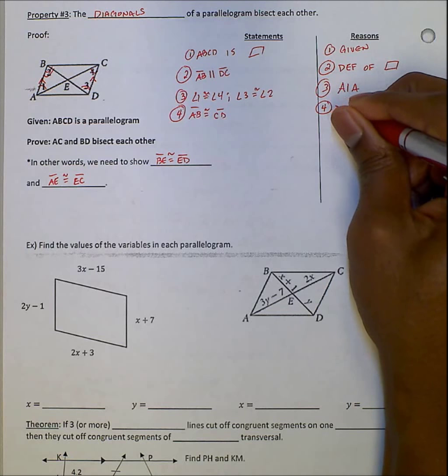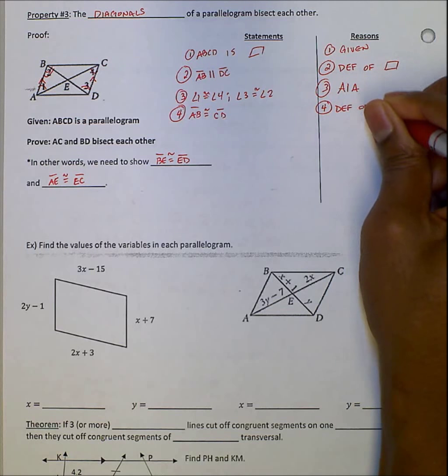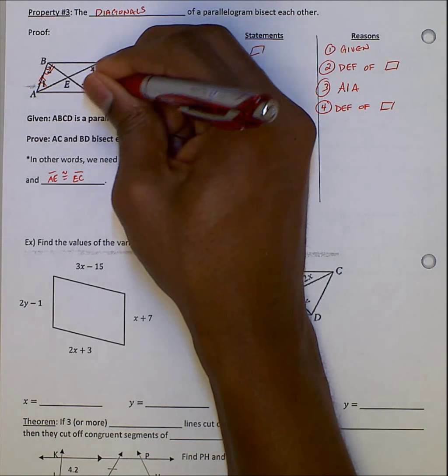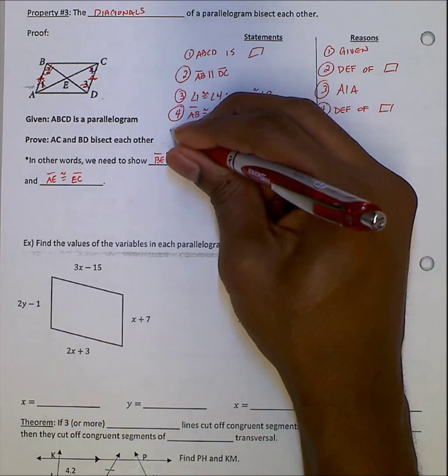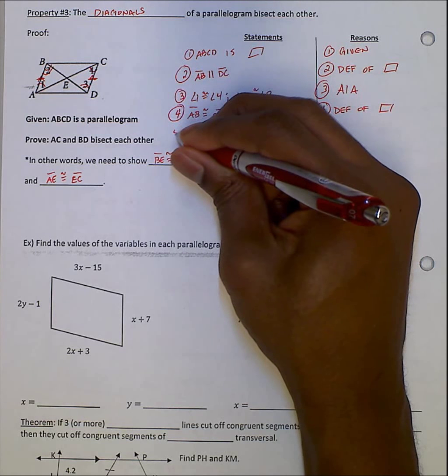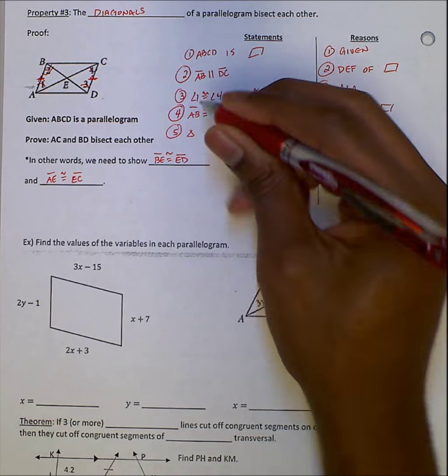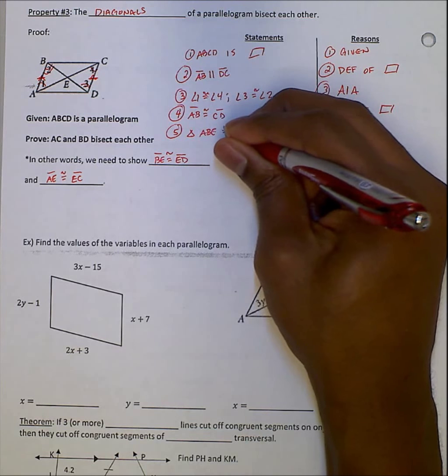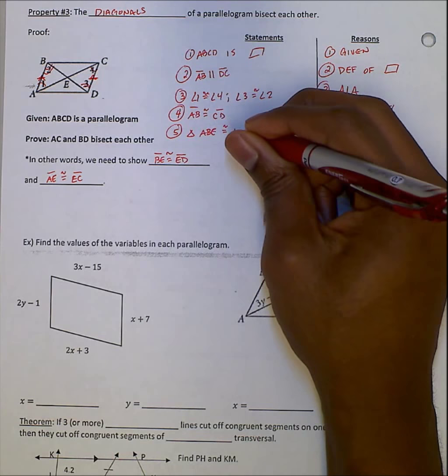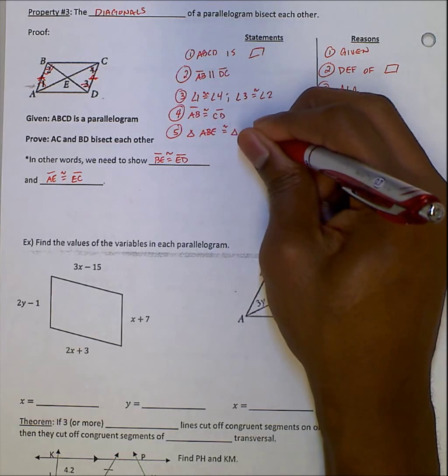So that's now a part of our definition of what a parallelogram is. So now we've proven that, for number 5, triangle ABE is congruent to triangle CDE by angle side angle.